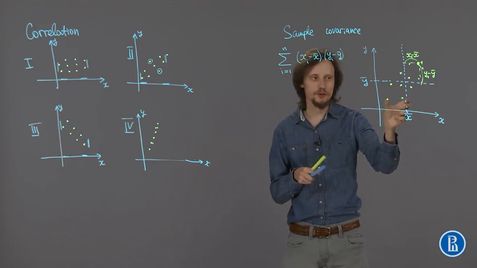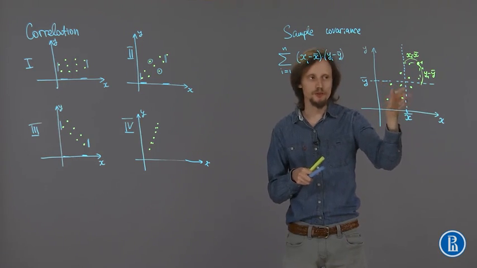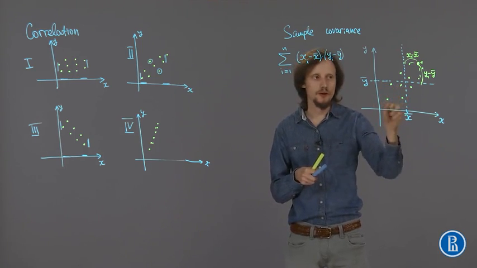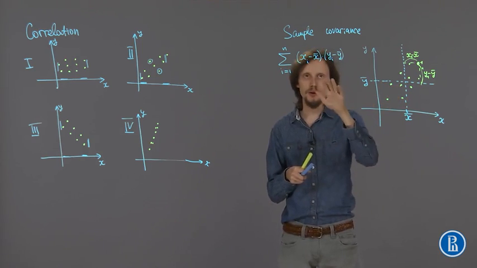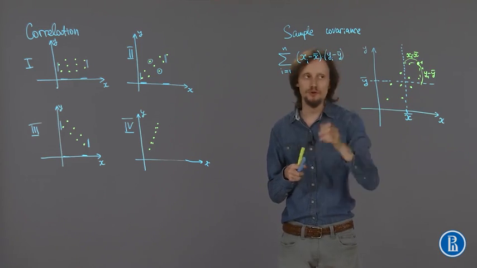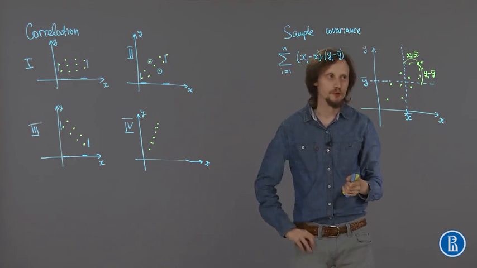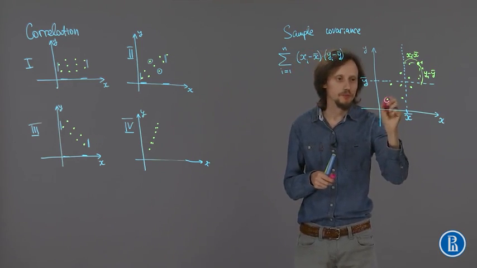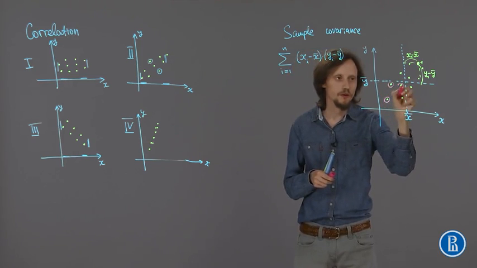So this difference will be negative, and this difference will also be negative. And product of two negative values is positive. So these points also make positive contribution to this sum. Let me denote these points with positive contribution by this pink color.